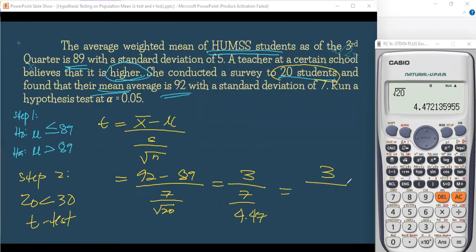So 3 divided by 7 divided by 4.47. 1.57, that will give us 1.91. So our value now of z, or I mean t, is 1.91. So that is our value of t.